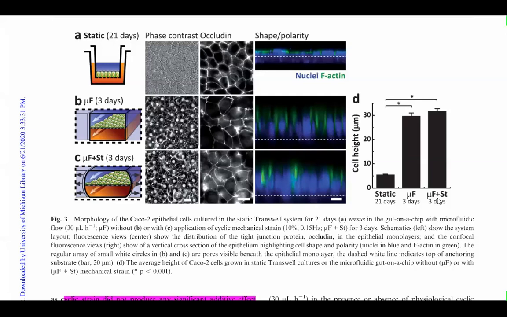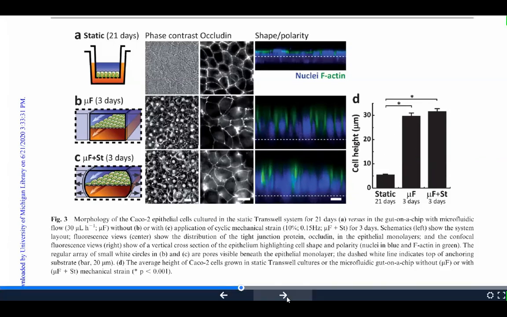So this figure shows that those static conventional transwell cultures do not represent a good simulation or recapitulation of this epithelial cell in terms of their morphology, at least in terms of their cell height. So this is an important improvement and enhancement that they have discovered in their device.